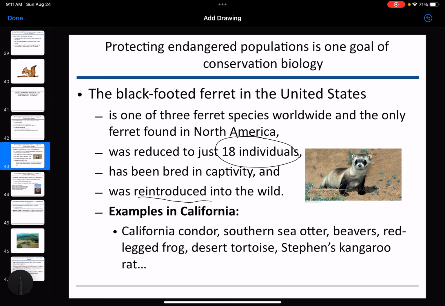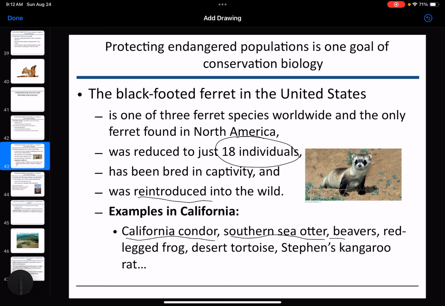But examples also exist in California, right, with the California condor. That's been a pretty successful breeding effort to restore the California condor population and reintroducing them back to the wild. There's also examples of the southern sea otter, otters that you can see up close, in fact, up in Monterey Bay, which we've talked about.